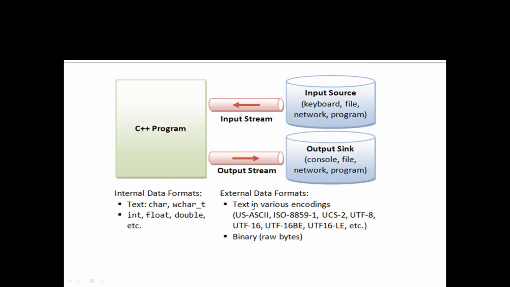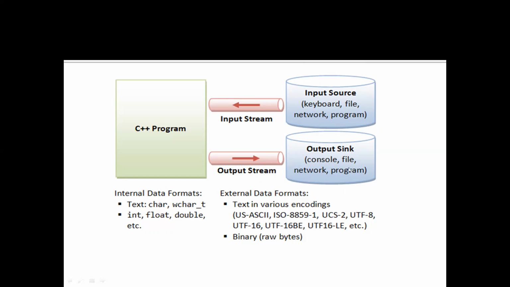The data which you have given will be encoded, the text will be encoded with the help of various encoding formats like US ASCII. These are different types of encoding systems. When you give something like a char, it needs to be understood by the system, so these encodings are useful.